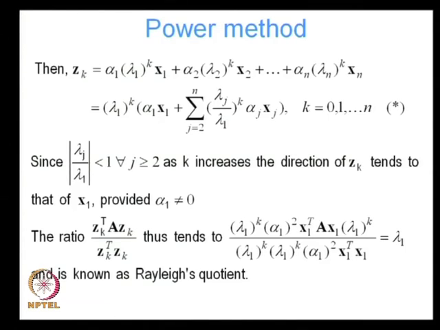I operate each time on it with my coefficient matrix A, and I get a series of z_k's, right. Eventually, when I take enough z_k's, I am assured that if I compute this product and this product and divide them, I compute the Rayleigh's quotient, I am going to get my largest eigenvalue, which is lambda 1.